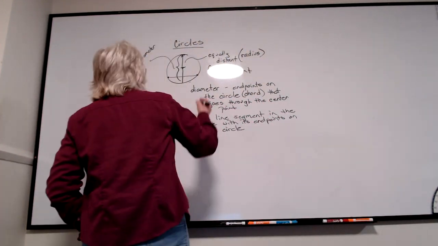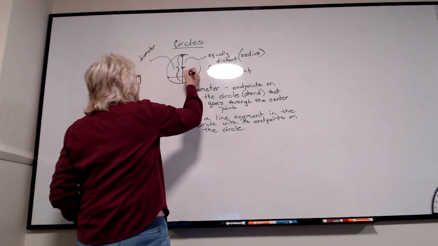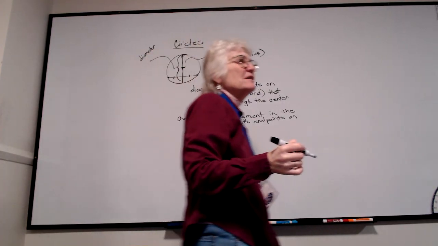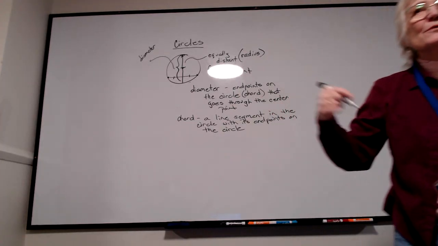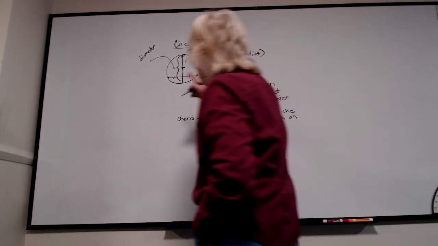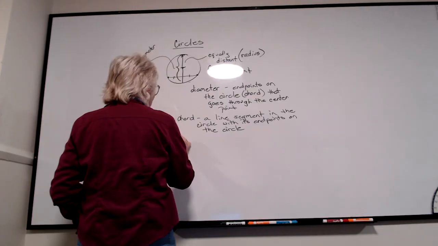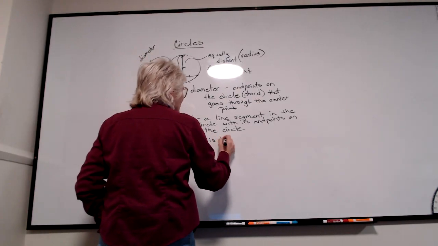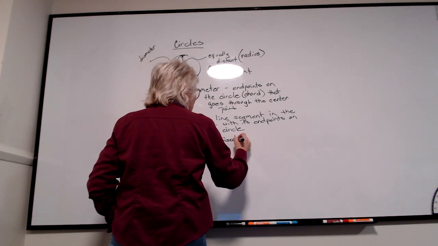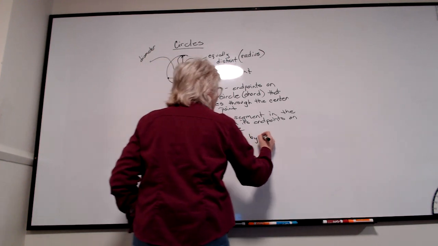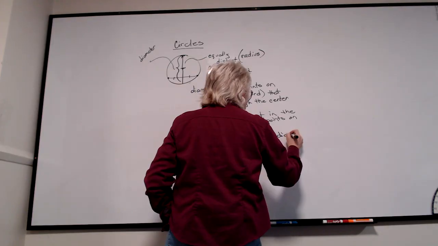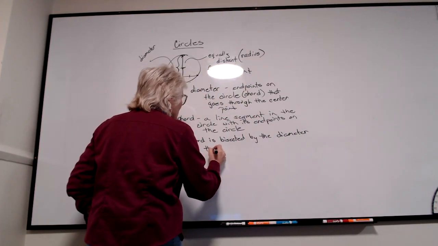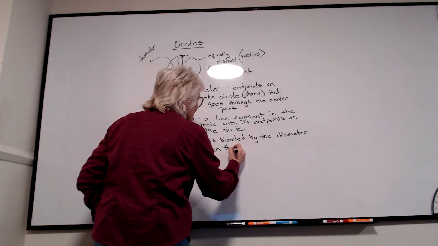If you have a chord that is bisected by the diameter, then we know that those are perpendicular. So if a chord is bisected by the diameter, then the lines are perpendicular.